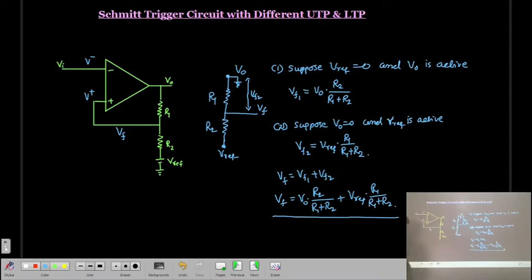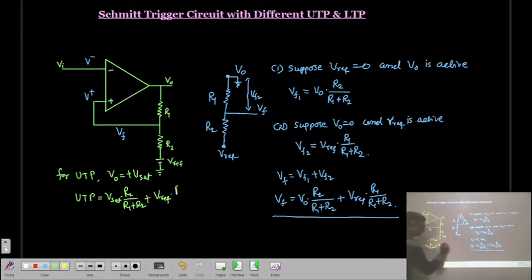So here we can write that for UTP, the output voltage is plus V saturation, and the UTP is equal to V saturation into R2 divided by R1 plus R2 plus V reference into R1 divided by R1 plus R2. So this is the formula for a UTP.